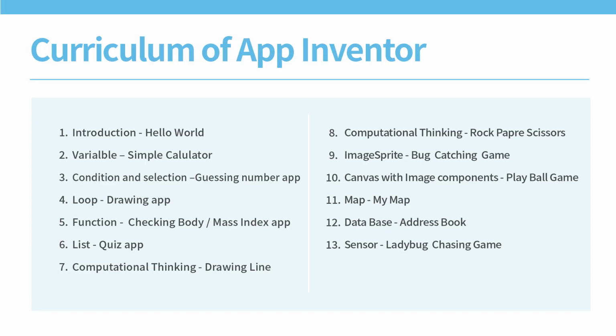In the ninth lesson, we will learn about the image sprite, and we're going to make a game that is catch the bugs. In the tenth class, we will learn how to use the canvas with the various image sprites, and we're going to create a playable game, which is very simple but very useful.